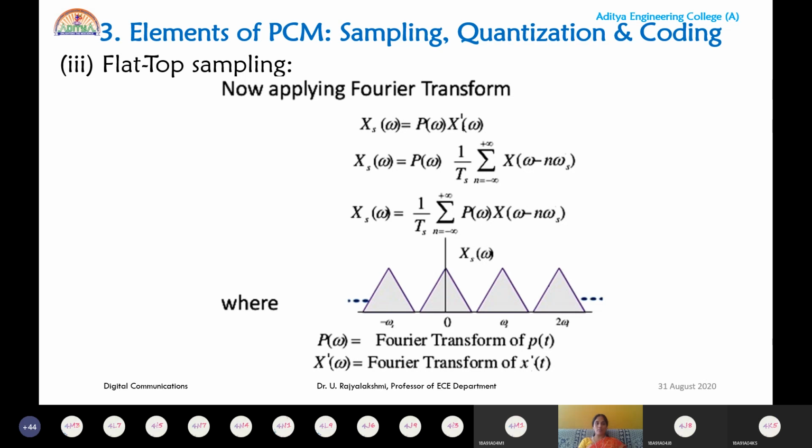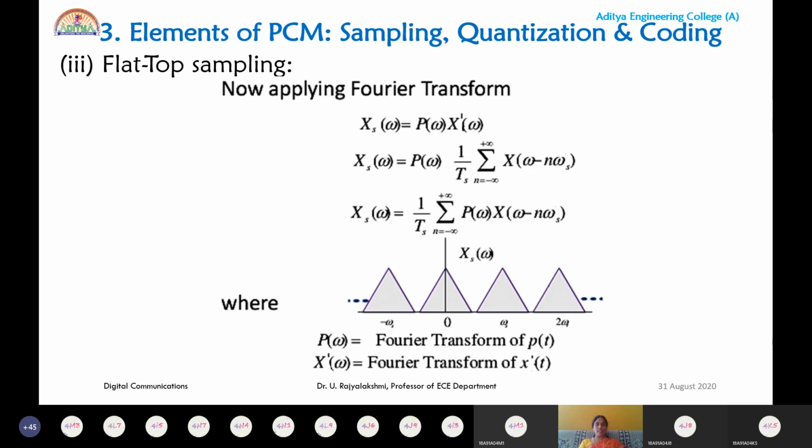You can observe the spectrum locations at n fs, or n omega s in terms of angular frequency. And what is the condition to avoid the overlapping of all the individual spectrums? You should consider fs greater than or equal to 2 fm. Then you can avoid the overlapping. Next, this is the spectrum. So till now we studied three different types of sampling techniques. Those include ideal sampling, natural sampling and flat top sampling.